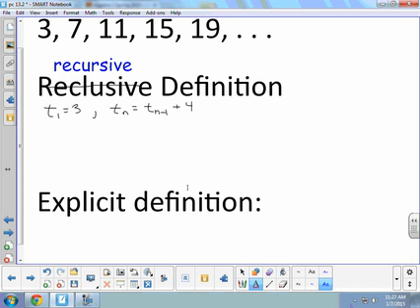For the explicit, that's what we have been doing. That's where you want to write an equation. Well, this one's obviously arithmetic, and your difference each time is 4. So if I were going to write an equation there, it would be your starting point, t sub 1 plus n minus 1 times 4.